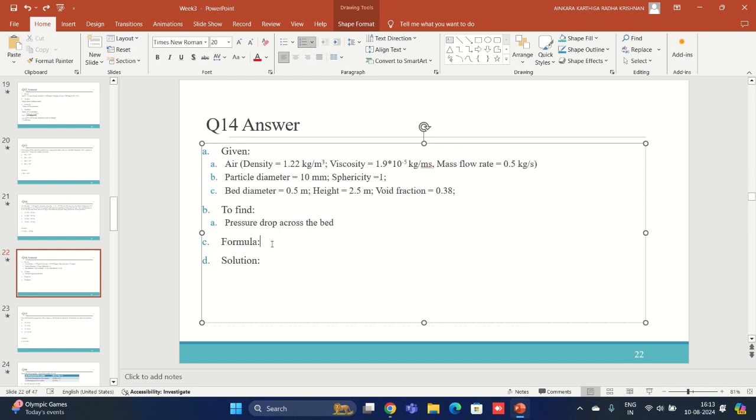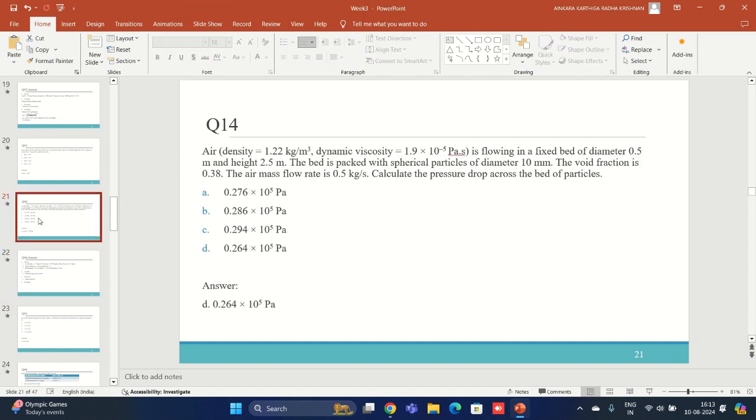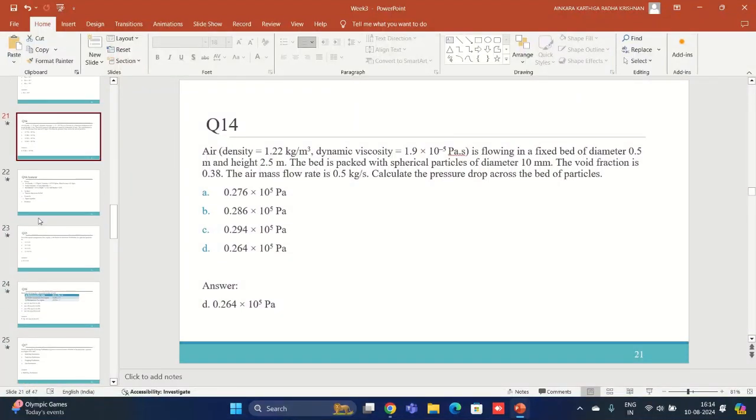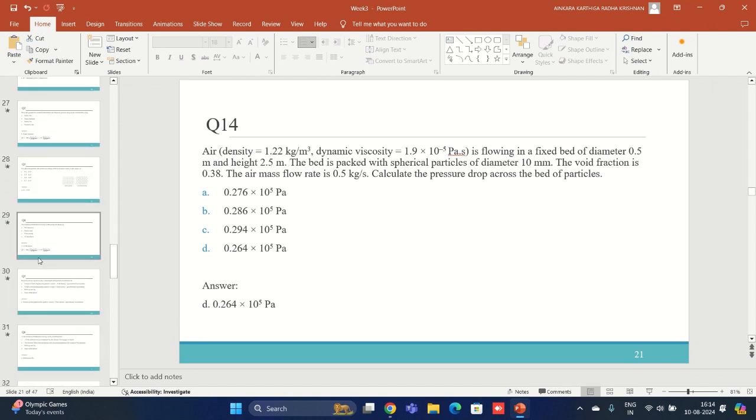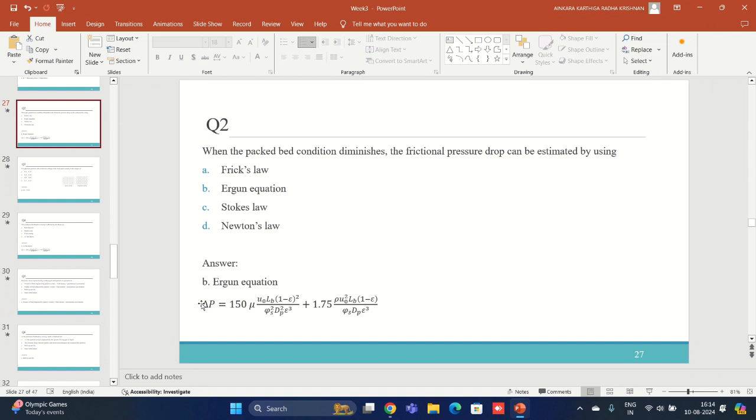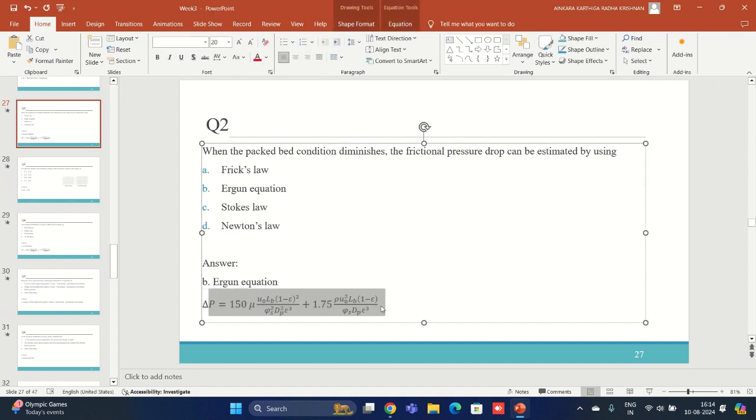We are using Ergun's equation. It is a packed bed and we are using Ergun's equation. I have the formula over here, so I'm just copying it and pasting it there.